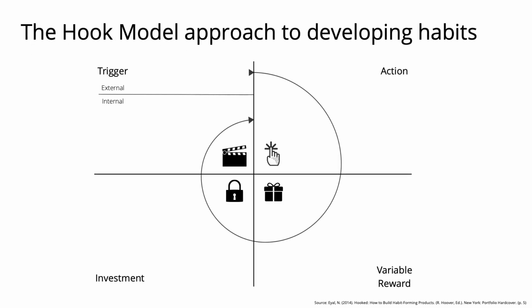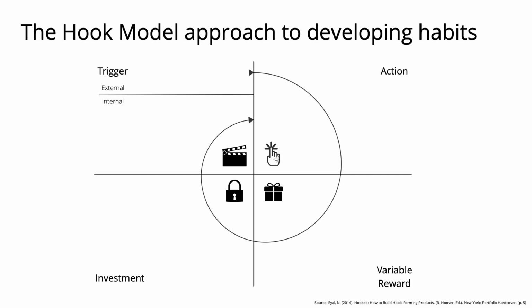This is a model called the Hook model, and it was developed by a guy called Nir Eyal. I'm maybe not pronouncing that correctly, in a book called Hooked: How to Build Habit-Forming Products. This model, as you can see, is divided into 4 quadrants. On the top left you have the trigger quadrant.